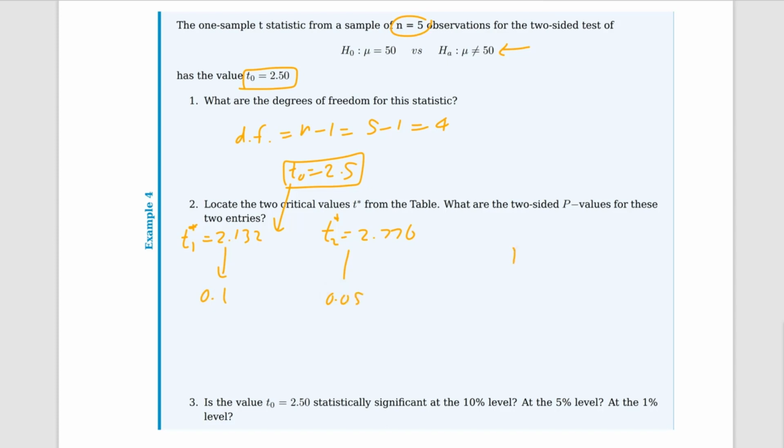So we can write the p-value corresponding to T naught, which is 2.5, is less than 0.1 and greater than 0.05. So now we know a range for the p-value. Knowing a range, we can come to the conclusion. Got it?